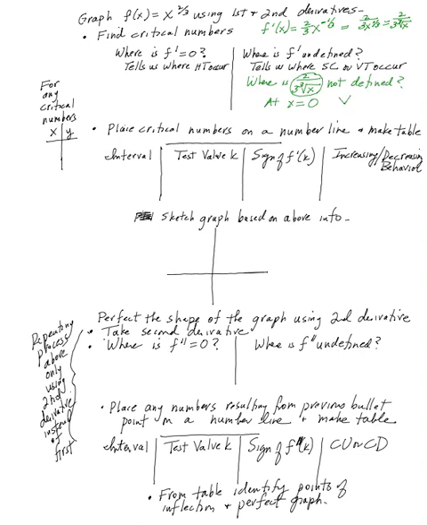A sharp corner would be like this or like this. A vertical tangent would be like that. Remember, the slope of a vertical line is undefined.